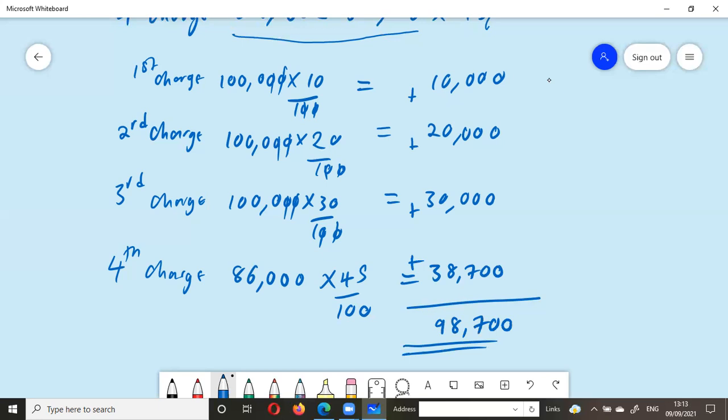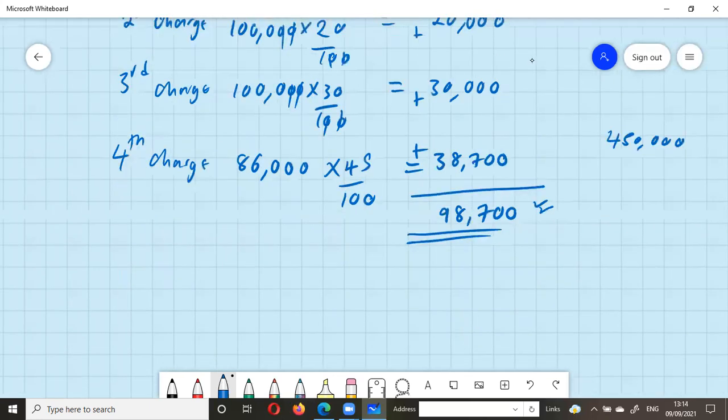So when he's paid, maybe let me say he's paid 450,000 in the bank per month, the government will charge him this. The amount he will receive is what we call the total net income. So we shall go to the next chapter.